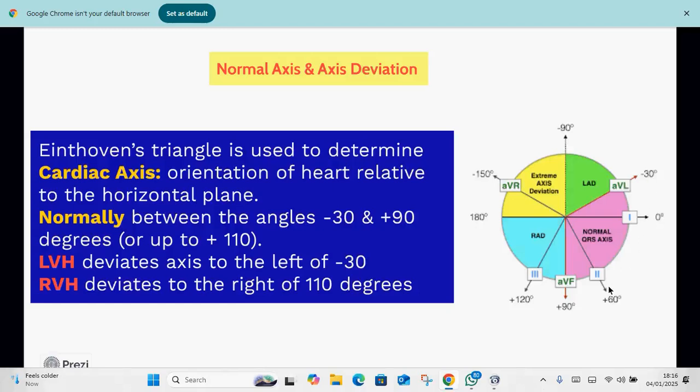But the normal axis of the heart, the orientation of the heart relative to the horizontal plane, is between -30 and 90. A lot of people find this difficult to understand, but if you understand that the cardiac axis is the orientation of the heart relative to the horizontal plane, and because the heart is normally facing downwards and to the left, the normal axis is between -30 and 90.